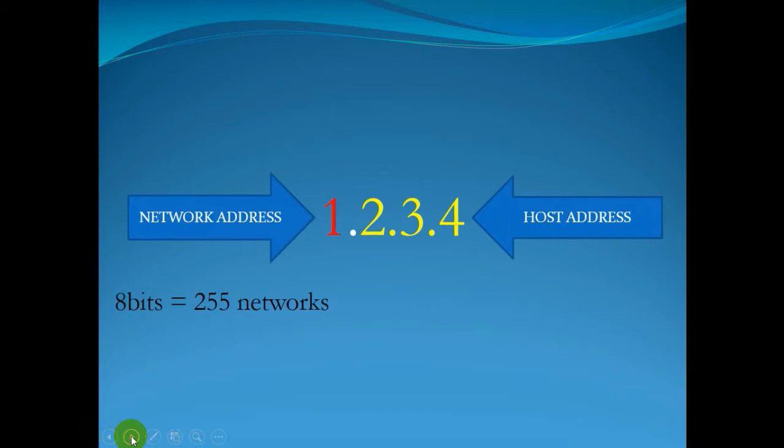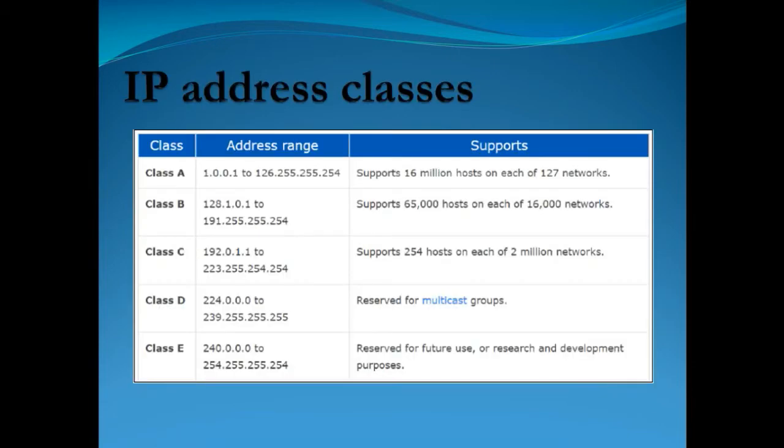Ang pinakamalaking value na makukuha natin sa isang octet ay 255. Ibig sabihin, 255 networks lang ang pwede nating gawin. Pero since 3 octets ang para sa host address naman, makakagawa tayo ng nasa 16 million hosts.